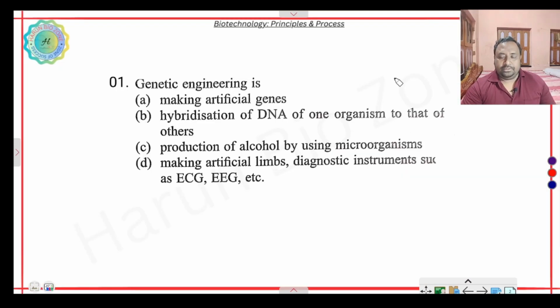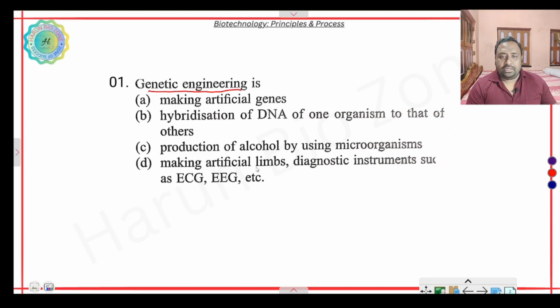The first question is genetic engineering. What is genetic engineering? Making artificial gene, or hybridization of DNA of one organism to that of others, or production of alcohol by using microorganisms.